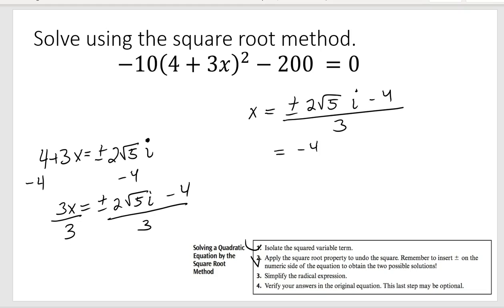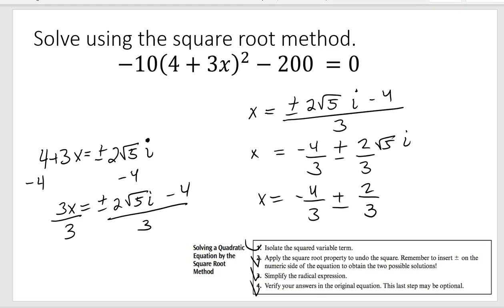So I'm going to put negative 4/3 first. And then I'm going to put plus or minus 2/3 square root of 5i next. And you may notice in our book, it likes to put the i after the number before the radical. And as always, if we want to, we can check our answer to see if we're right by putting it back into our equation and verifying that this will make a true statement.